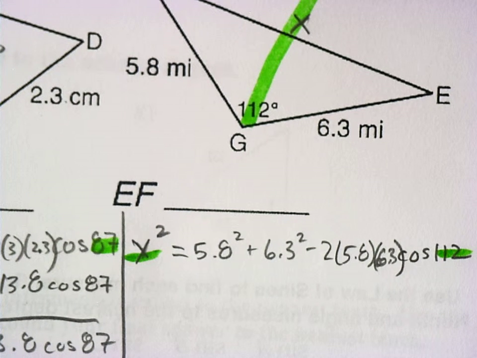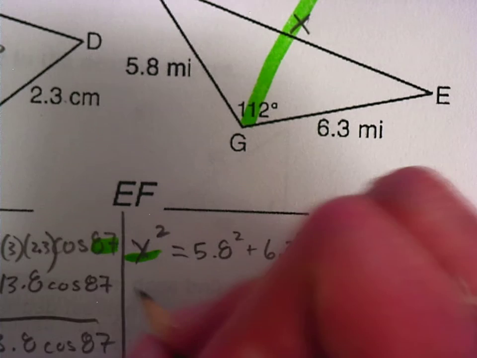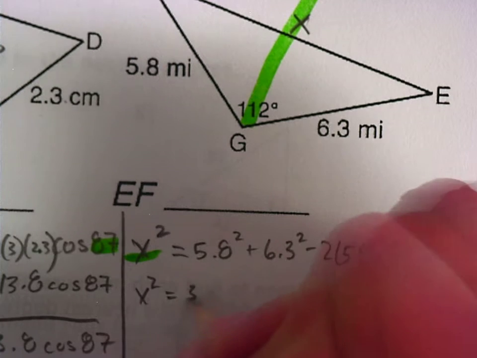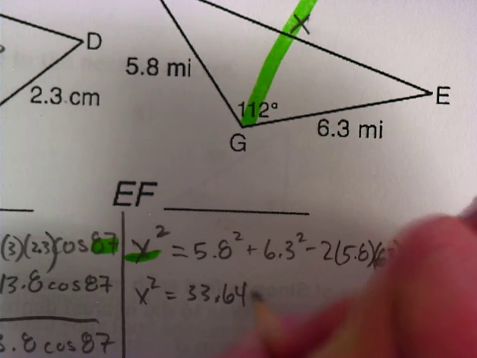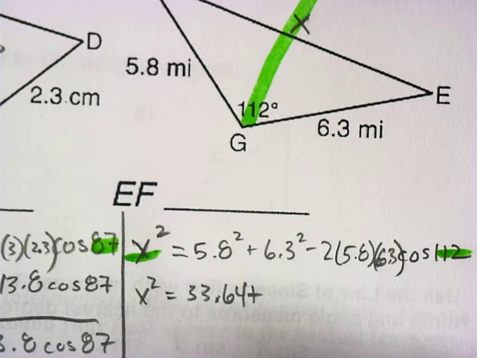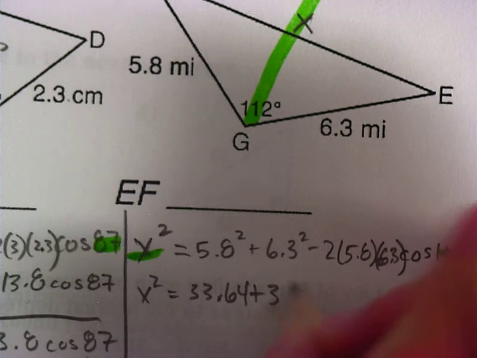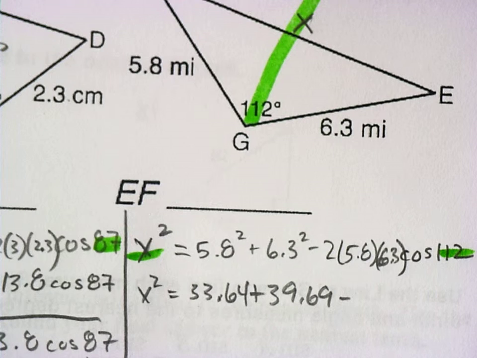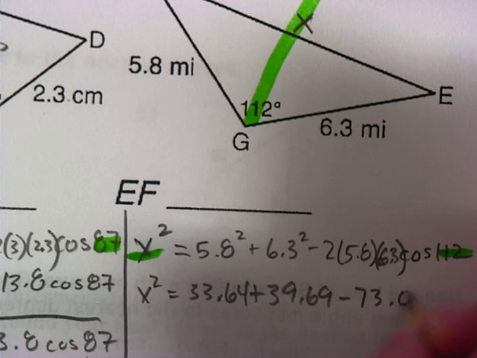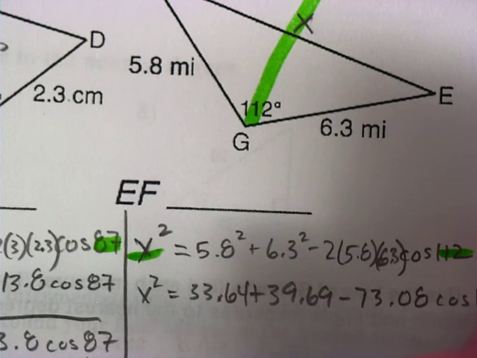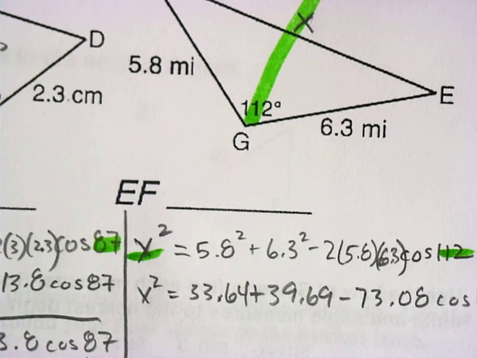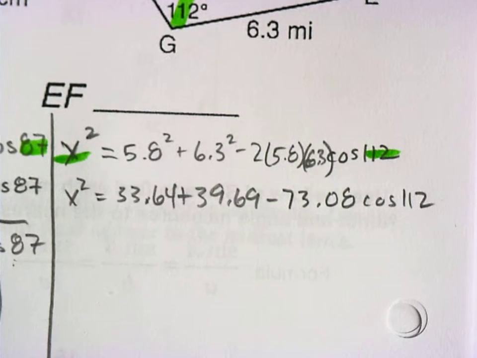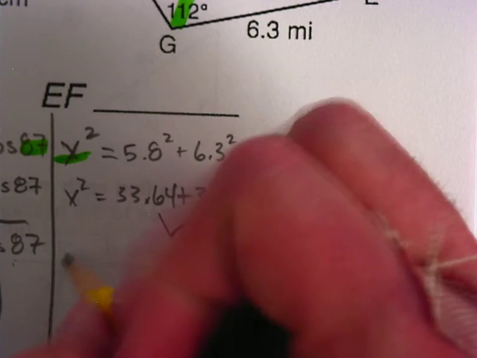Well, 5.8 squared is 33.64. 6.3 squared, 39.69. And 2 times 5.8 times 6.3, that's 73.08 cosine of 112. So now I'm just going to combine these right here.